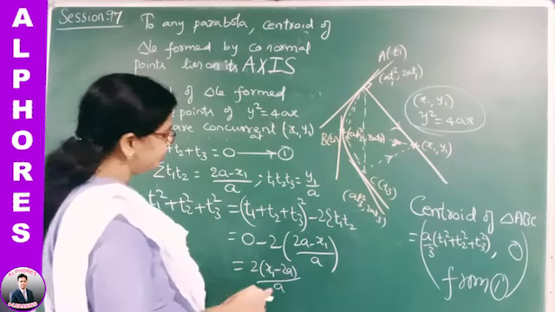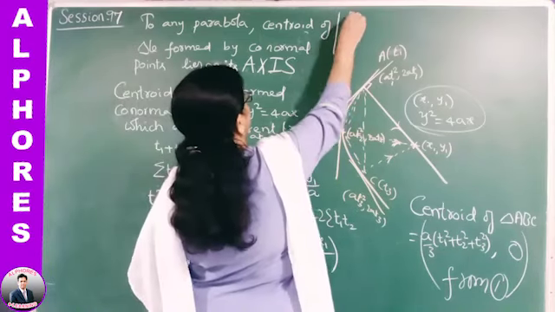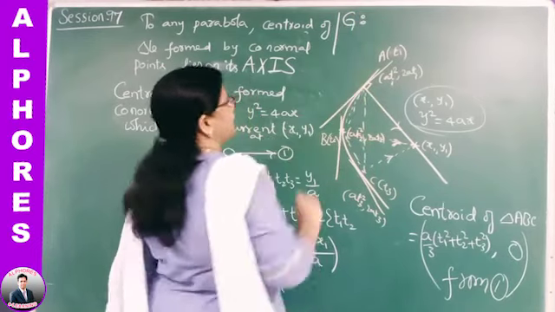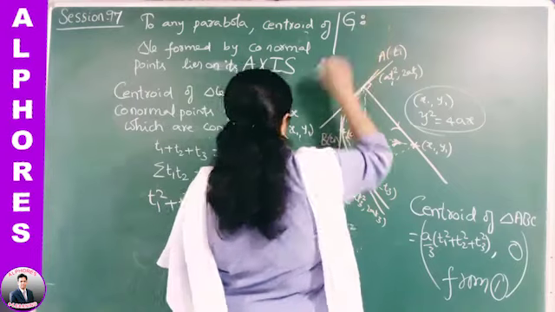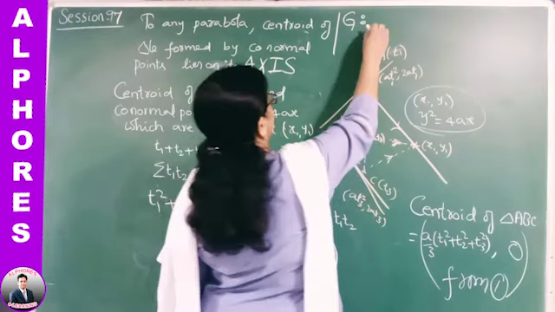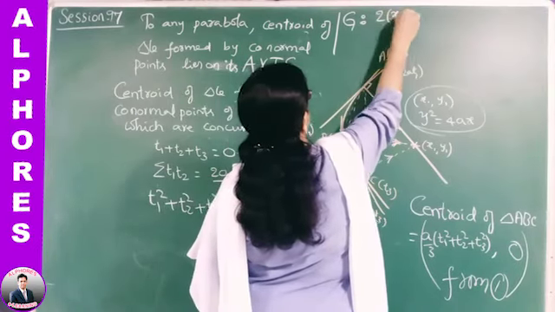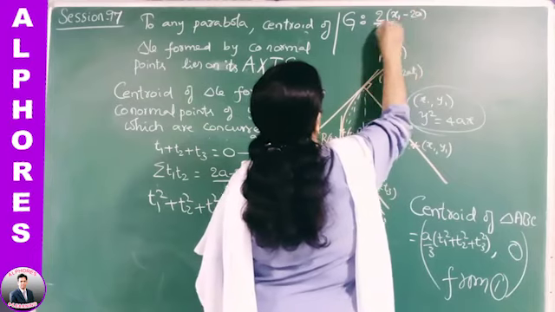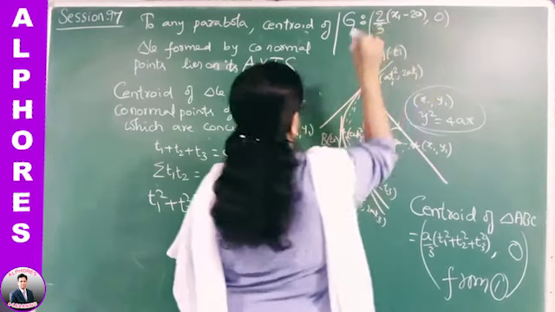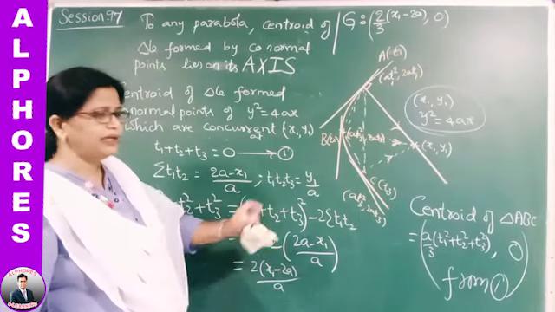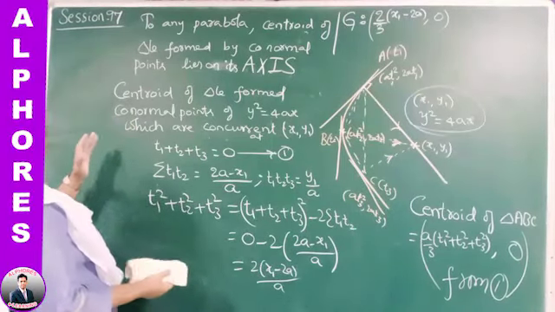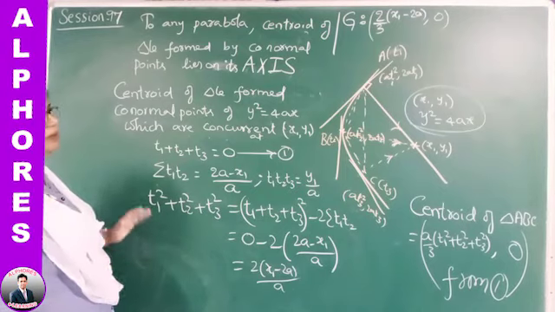So the centroid of the triangle formed by co-normal points is 2 into x1 minus 2a divided by 3 comma 0. In this way we can simplify the value, and a and a get cancelled.